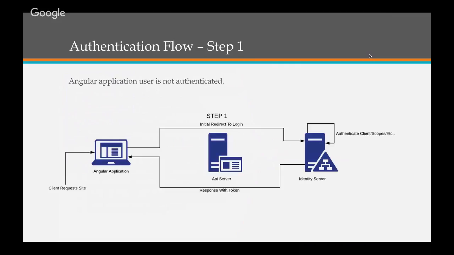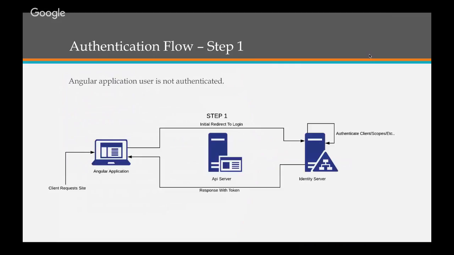So basically the client would come in, go to the site, and I'm going to demo all this. They go to the Angular application. The first step, the site is going to automatically assume that they're anonymous and redirect them all the way to the authentication server. We're going to skip over the API server altogether and land on a page on the identity server.